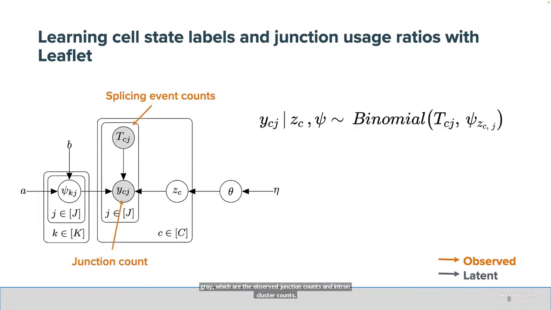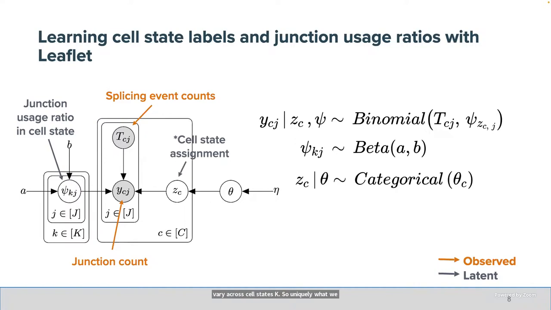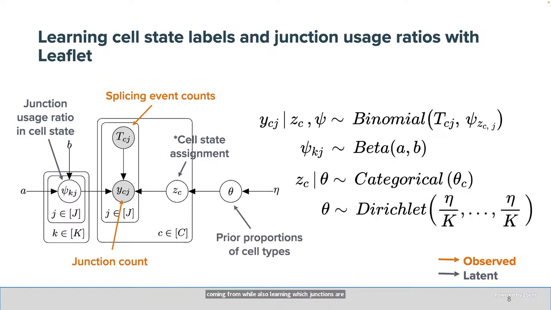Then we have the PSI value, which represents the learned junction usage ratio, and we are allowing this junction usage ratio to vary across cell states K. Uniquely, we also have the cell state assignment variable, where we're simultaneously learning, for each cell, which cell state it is coming from, while also learning which junctions are contributing to each cell state. And lastly, we have a latent variable representing the overall proportions of all the cell states or cell types in the data.